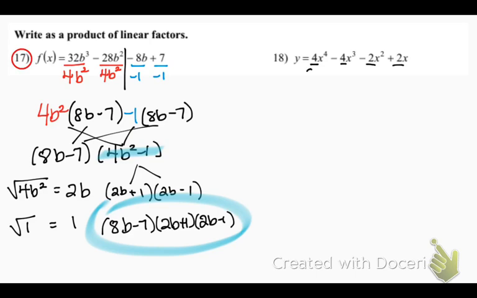So the GCF is actually going to be 2x. So I have 2x times 4x to the 4th divided by 2x is 2x cubed, minus 4x cubed divided by 2x is 2x squared, negative 2x squared divided by 2x is negative x, and 2x divided by 2x is plus 1. And from here, you can continue to solve and factor by grouping.